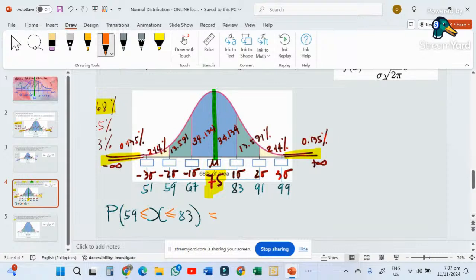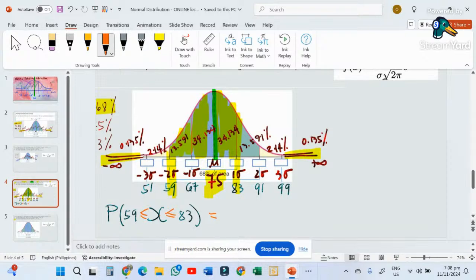So from 59 to 83, therefore, will be these percentages. From 59, it's negative 1 sigma, to 83, that is the plus 1 sigma. And what are the percentages included? The one that I have shaded.